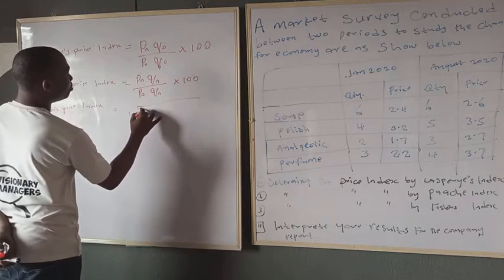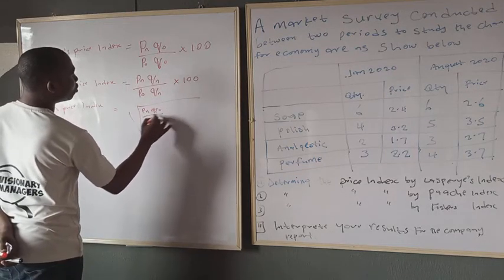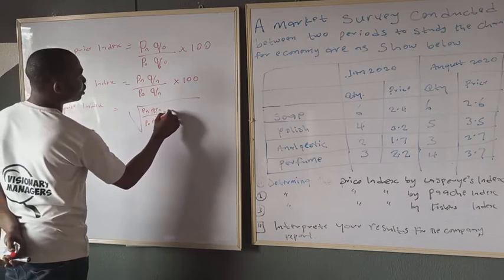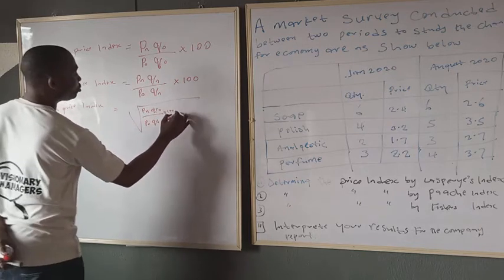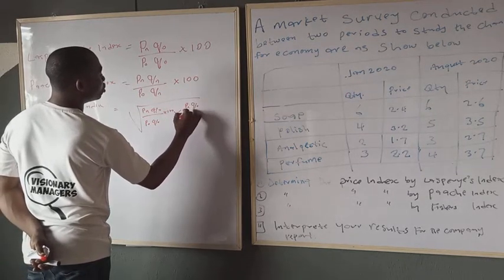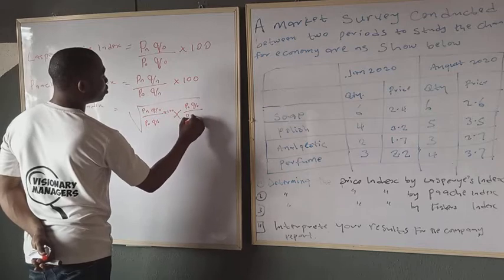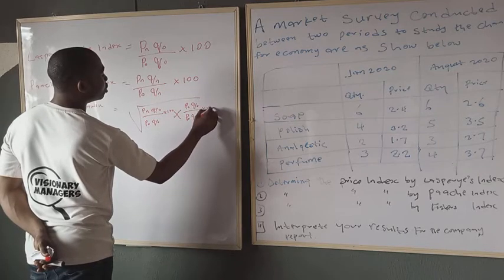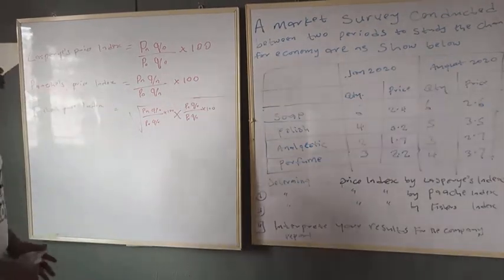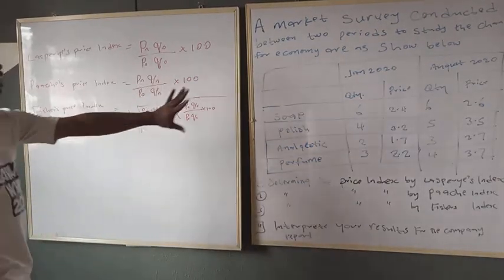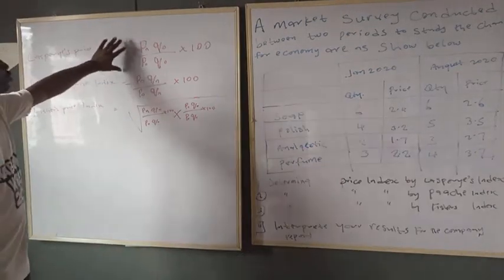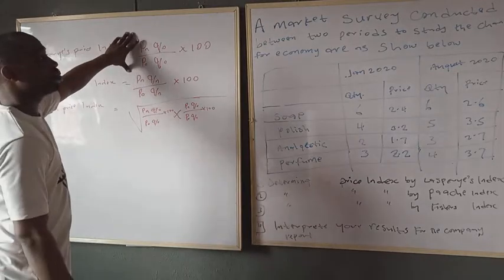So we say square root of Pn Qo over Po Qo times 100, times Pn Qn over Po Qn times 100. So that is Fisher's price index. These are the formulas that we need to know. Once you're able to know this, you've already gotten that question solved. So how are we going to go about it? I said I'm going to explain how we arrive at these formulas without cramming.